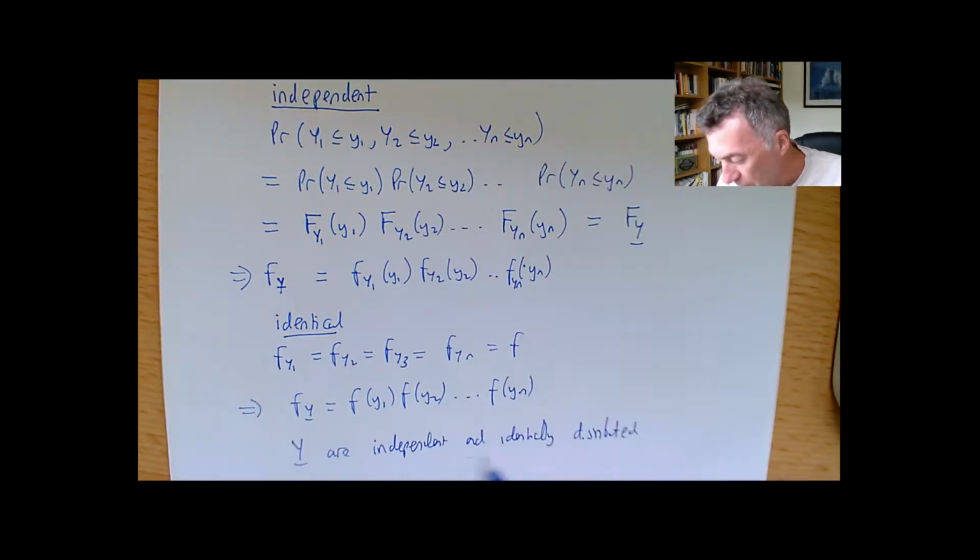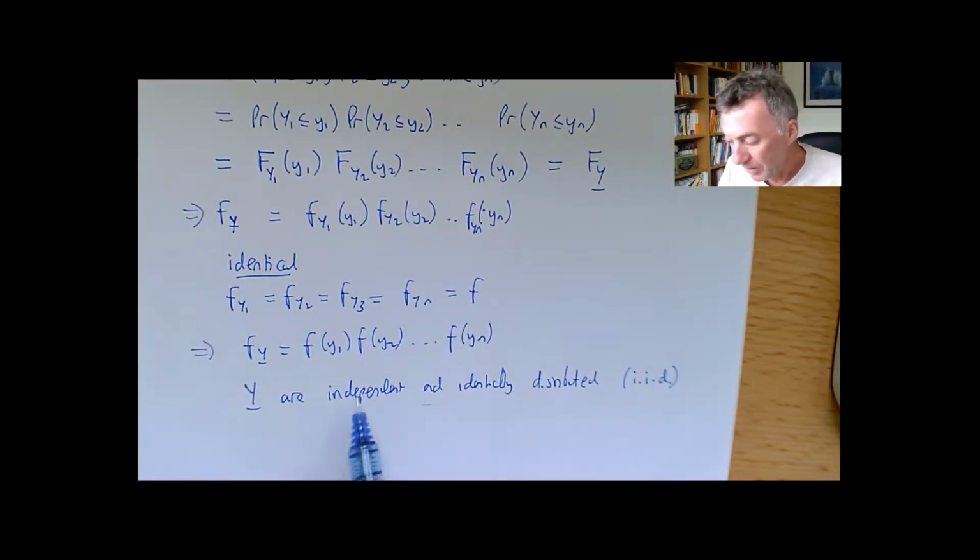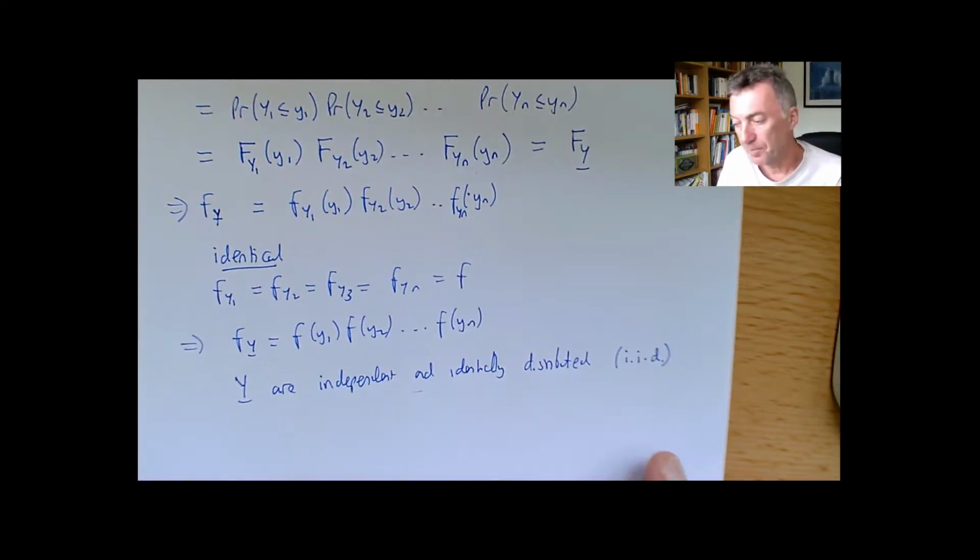And instead of writing that all the time, we just write IID. That means the variables are independent of each other and have come from the same distribution. And that's what you'd get if you sample some random numbers in R from a distribution. It produces a set of independent but identically distributed variables.